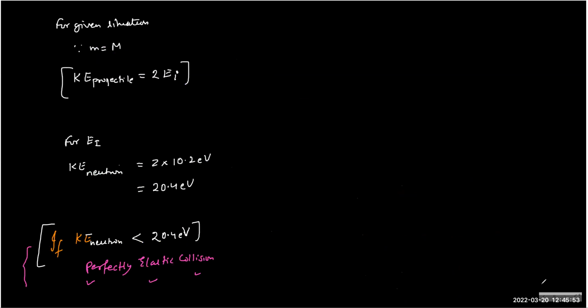So now we can go to the next discussion part. If I tell you that the incoming neutron has energy 10 eV, what will happen? The collision will be elastic, inelastic, perfectly inelastic, or partial. What do you expect, guys? This is definitely perfectly elastic.